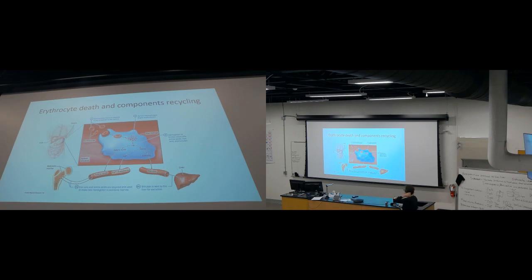And then after 4 months, when these erythrocytes become old, they go into the spleen. The spleen is a bloody organ that we have in the left upper quadrant, just behind the stomach, a little bit under our ribs.